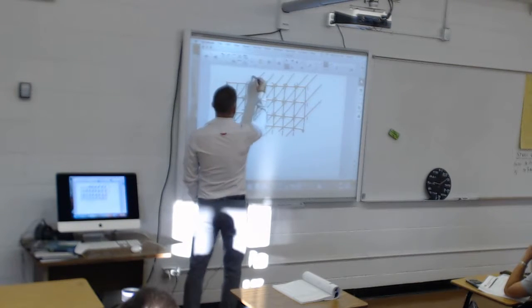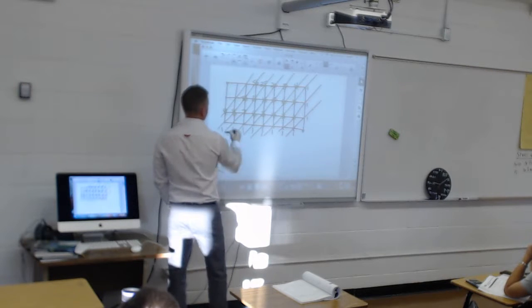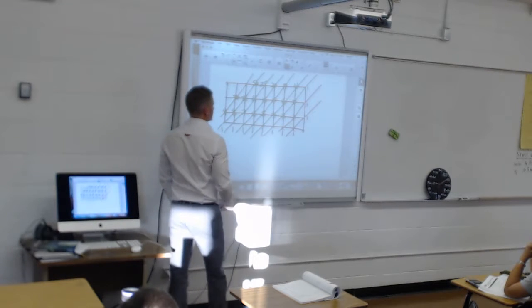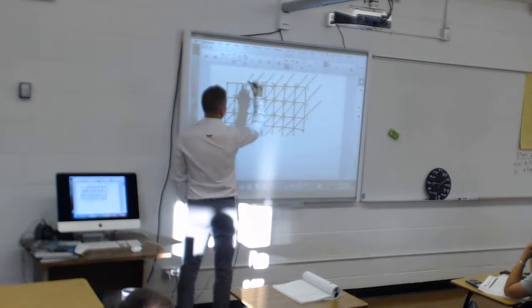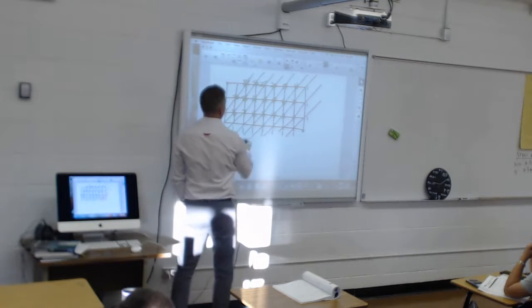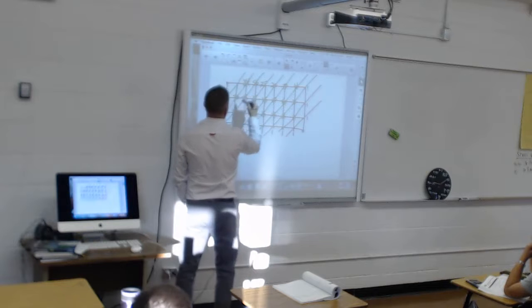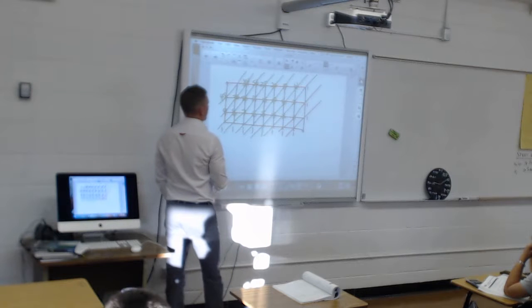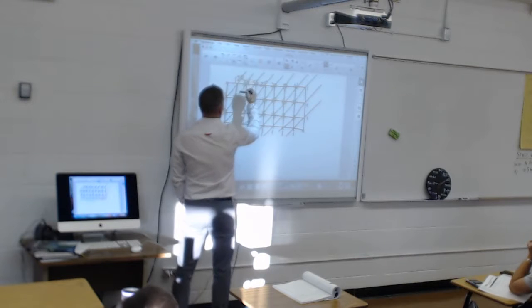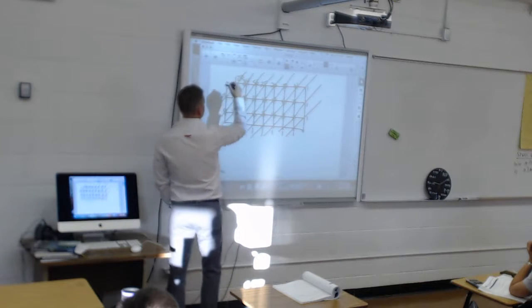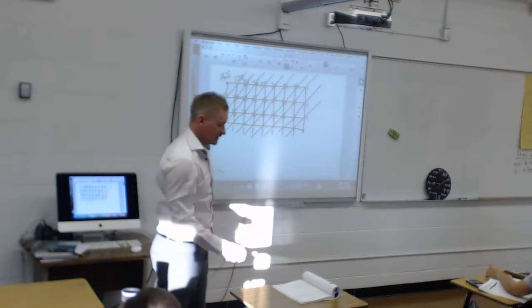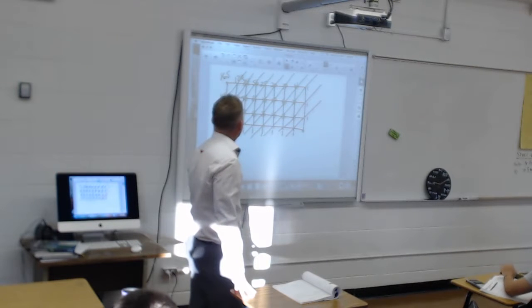Okay, so let's keep going. 1 and 8 make 9. 8 and 28 make 36. 28 and 56 make 84. Diagonal right here. 9 and 36 make 45, right? 36 and 84 make, what is it? 120. And then finally right here is 165. So that should be how many possible routes there are to get to that point.